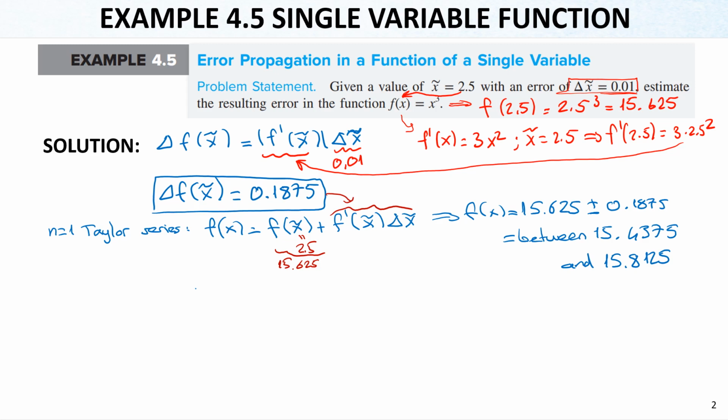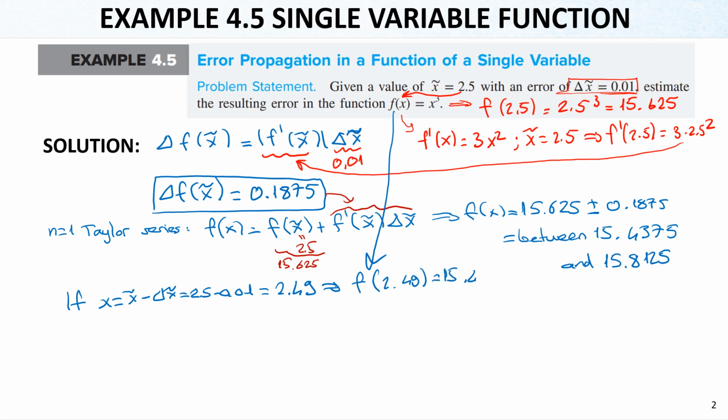Okay, so we can show that if our x value is x tilde minus delta x, meaning 2.5 minus 0.01 equals 2.49, then our function result f(2.49) is equivalent to 15.4382.